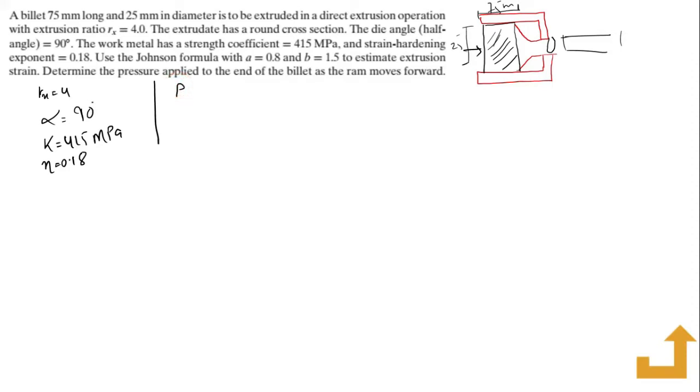If you remember the formula for the pressure in the direct extrusion, when you take into consideration the friction also, the complete expression for the pressure was P equals to Yf, that is the average flow stress, into extrusion strain plus 2L by D naught.